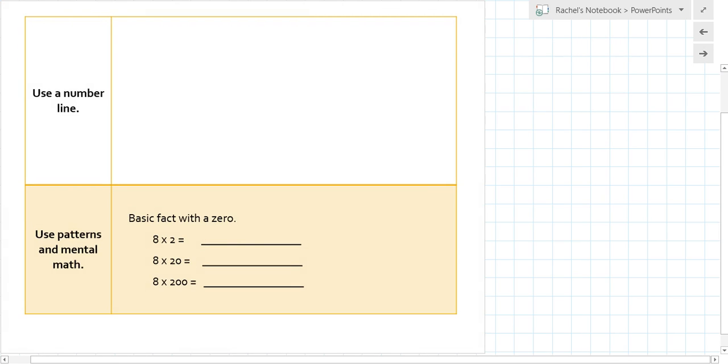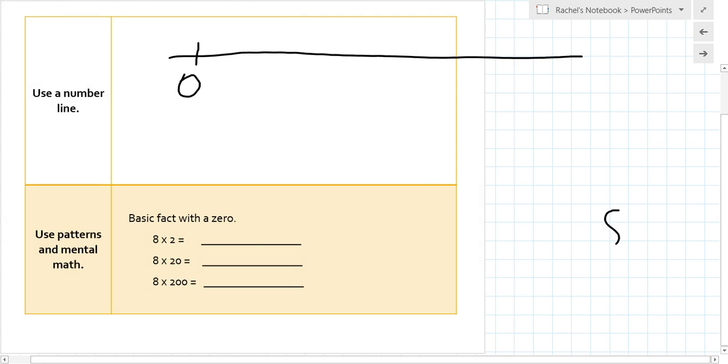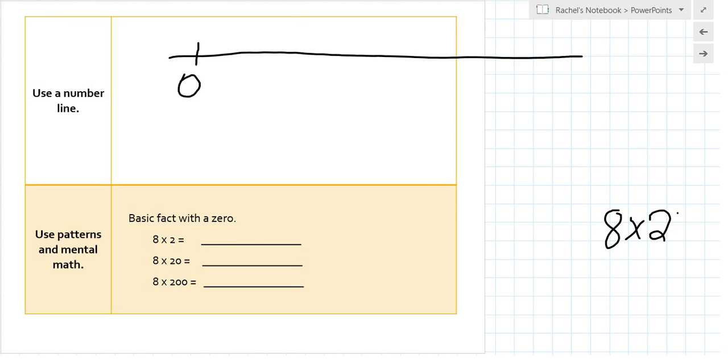Utilizing a number line, if we're counting by the same number each time, we can easily draw a number line that starts with a 0. The same problem, 8 cars with 200 seats. So we're going to jump 8 times by the number 200 to represent how many seats are on a car. This would be one group or one train car with 200 seats.